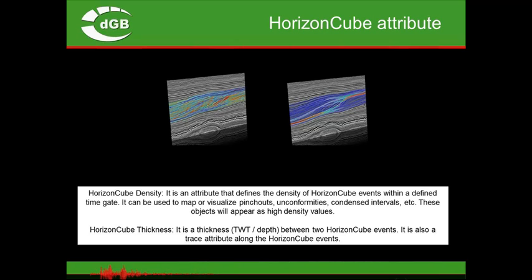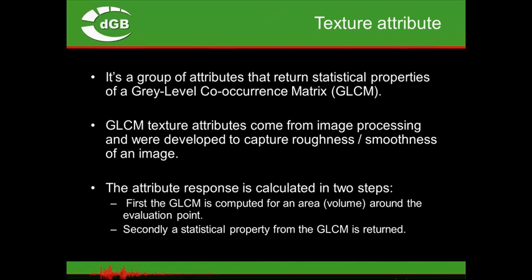The texture attribute, newly implemented in OpendTect, is a group of attributes that return a statistical property of the gray level co-occurrence matrix. GLCM texture attributes come from image processing and were developed to capture roughness and smoothness of an image. So actually how it works, the attribute response is calculated in 2 steps.